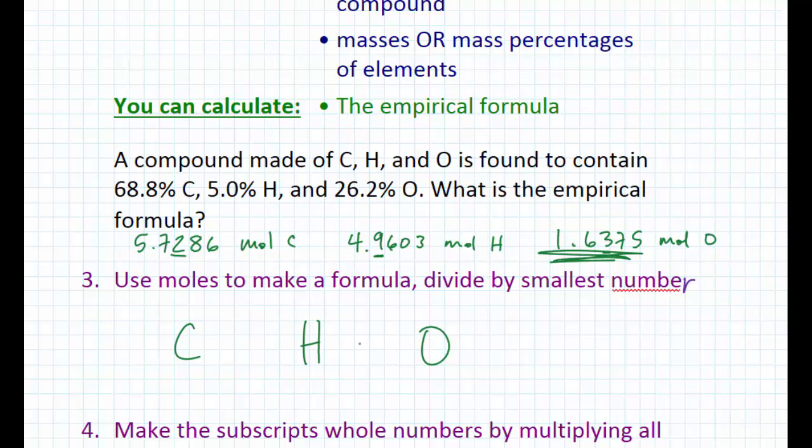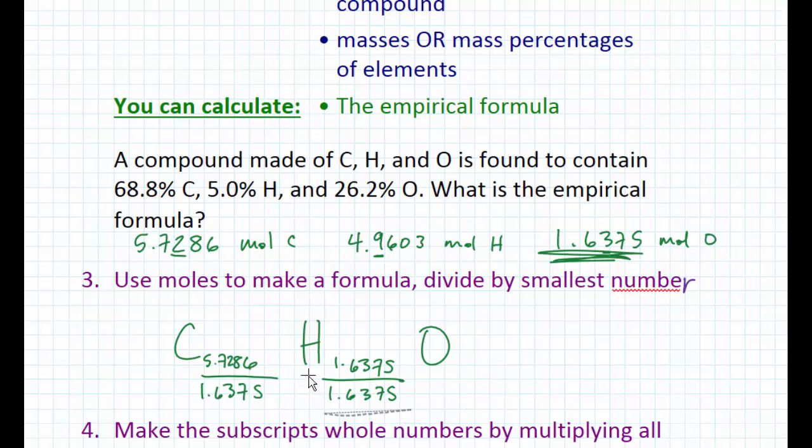So carbon, that's going to be 5.7286 over 1.6375. O is going to be 1.6375 over 1.6375, and we know what that is. Or no, that was O, sorry.